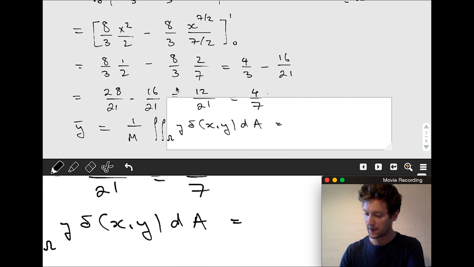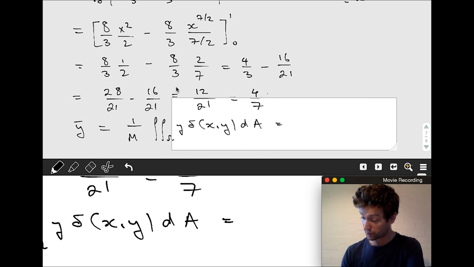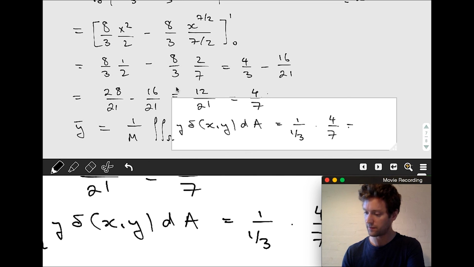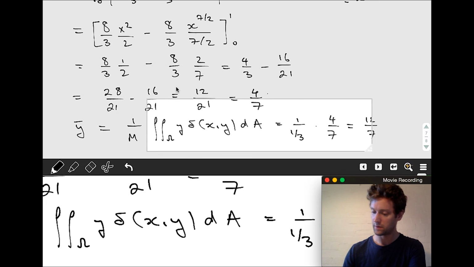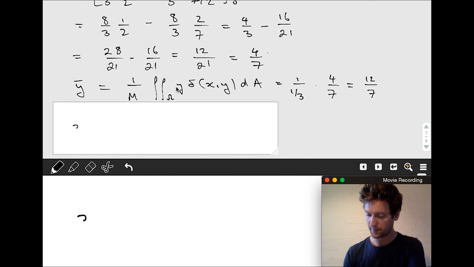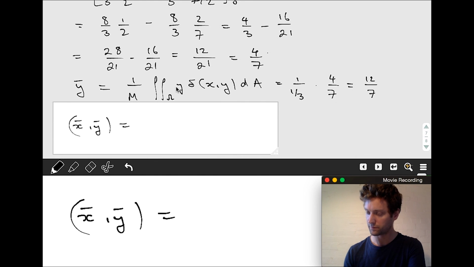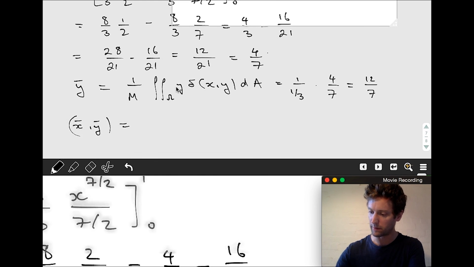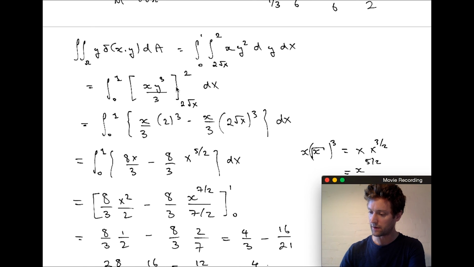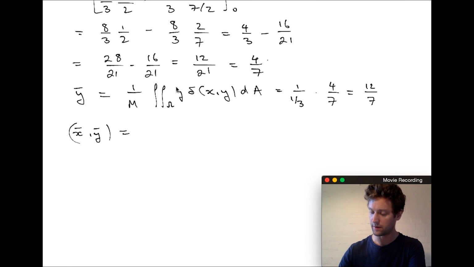So once again, m was a third, so 1 over m is 1 over 1/3 times 4 over 7, which will be 12 over 7. So our center of mass coordinates then are going to be equal to, just looking back up again, we found 1/2 and 12 over 7.